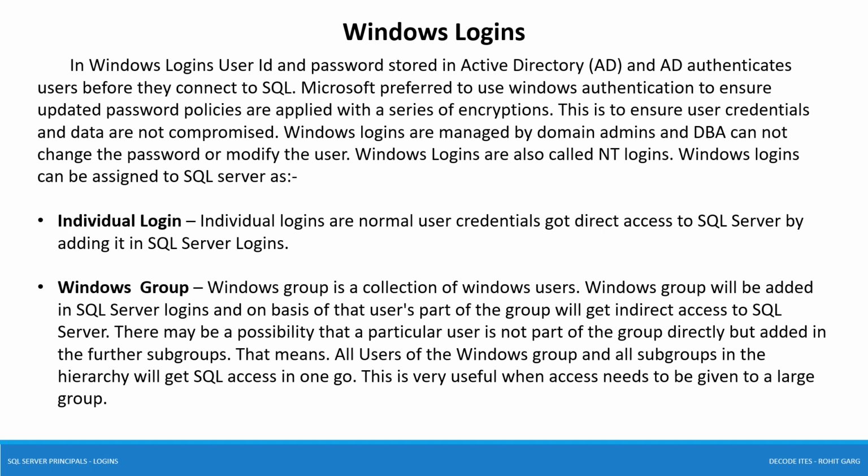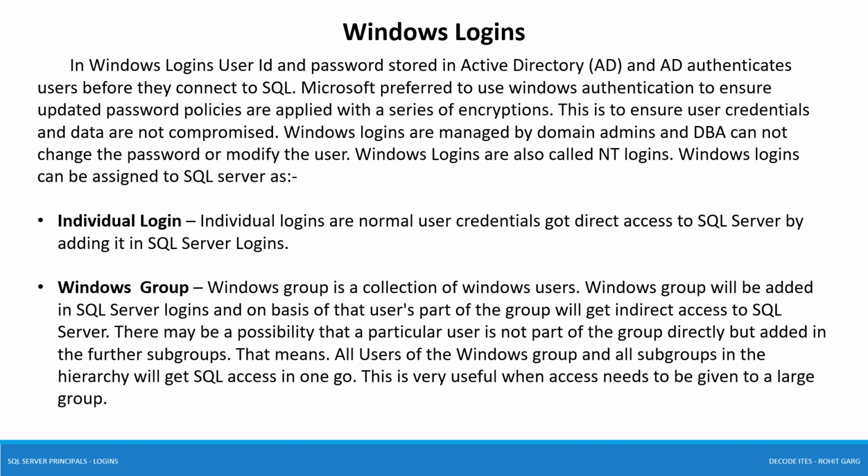Windows logins can be assigned to SQL Server as an individual login or a Windows group login. Individual logins are normal user credentials that get direct access to SQL Server by being added in SQL Server logins. A Windows group is a collection of Windows users. The Windows group will be added as a SQL Server login, and on the basis of that, users who are part of the group will get indirect access to SQL Server.